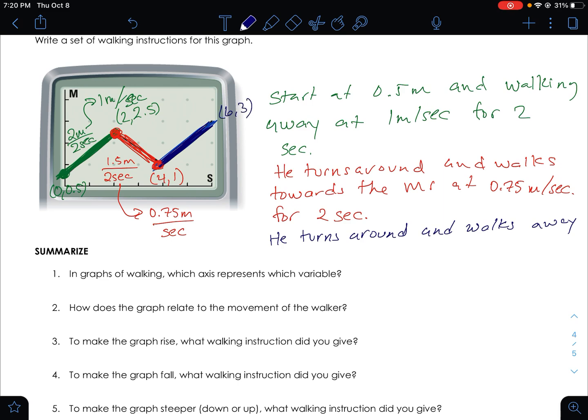So he traveled a total of 2 meters. So 2 meters, and he did that in 2 seconds. So again, that would be 1 meter per second. So it walks away at 1 meter per second for 2 seconds. And that is the story of this person's walk.